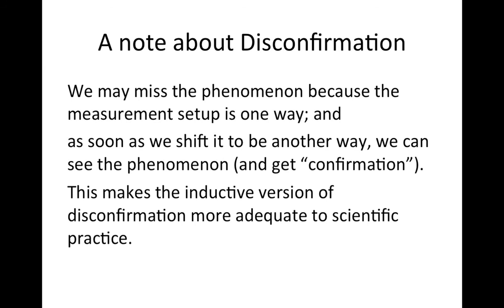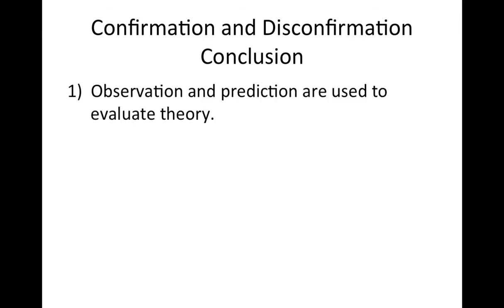All we need to do is shift the measurement setup, and then we can see that there's some sort of confirmation, or perhaps we just get no evidence after we shift the measurement setup. And if we keep on shifting the measurement setup, we still have no evidence. So the strongest conclusion that we make is we have no evidence that a theory is true, rather than this theory is false. So let's summarize confirmation and disconfirmation.